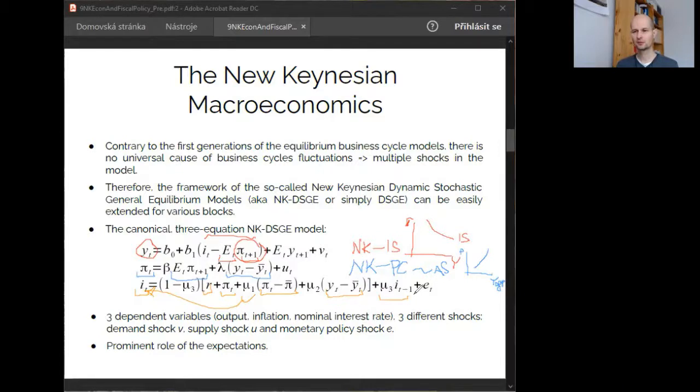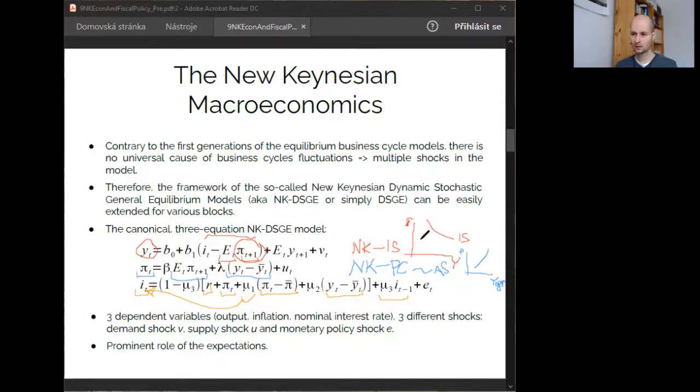This term is here to represent the idea that the central bank usually tries not to surprise the markets with immediate sharp cuts of interest rates, even though this has changed a little bit over the past years. But for a long time it has been practiced to adjust the interest rates rather gradually. So that's why the dependence of the interest rate on the past interest rate is included here.